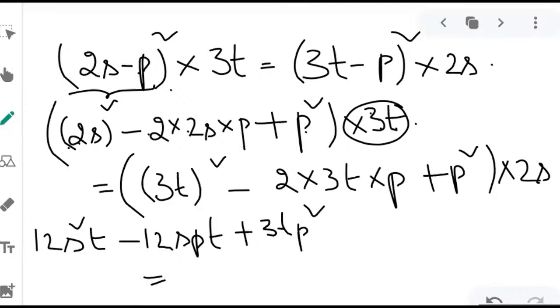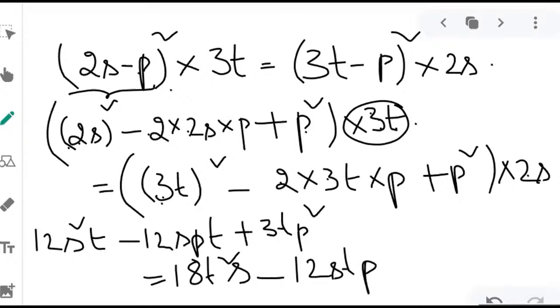Again the same on the other side: 3 square is 9, 9 into 2 is 18t square s, minus 2 into 3 is 6, 6 into 2 is 12, 12stp, plus p square into 2s is plus 2p square s. What is common on both sides?